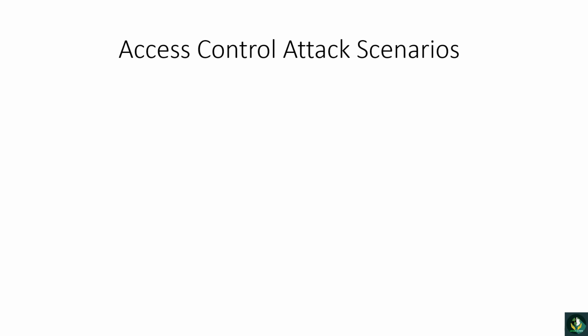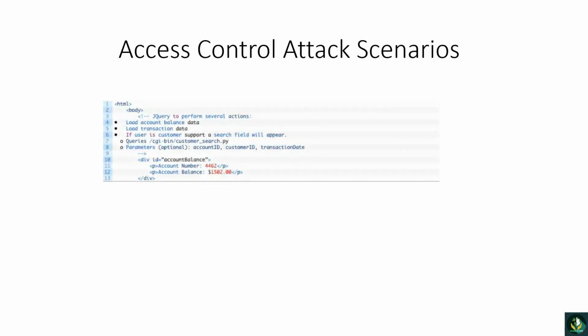So let's talk about access control attack scenarios. A banking application has vertical permission issues. The banking application has a customer support role that allows a support agent to help customers with account issues.